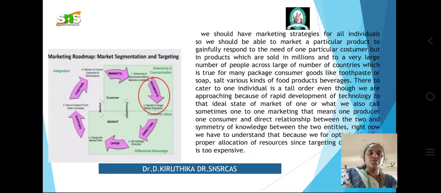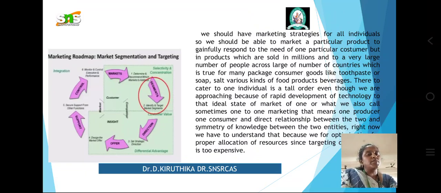Catering to one individual is a tall order, even though we are approaching it because of the rapid development of technology, an ideal state of the market of one, sometimes called one-to-one marketing. That means one product and one consumer, with a direct relationship and more symmetry of knowledge between the entities.